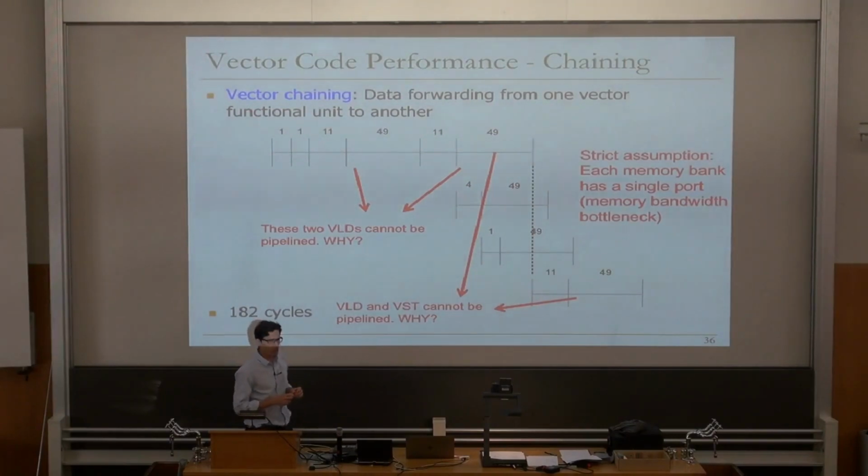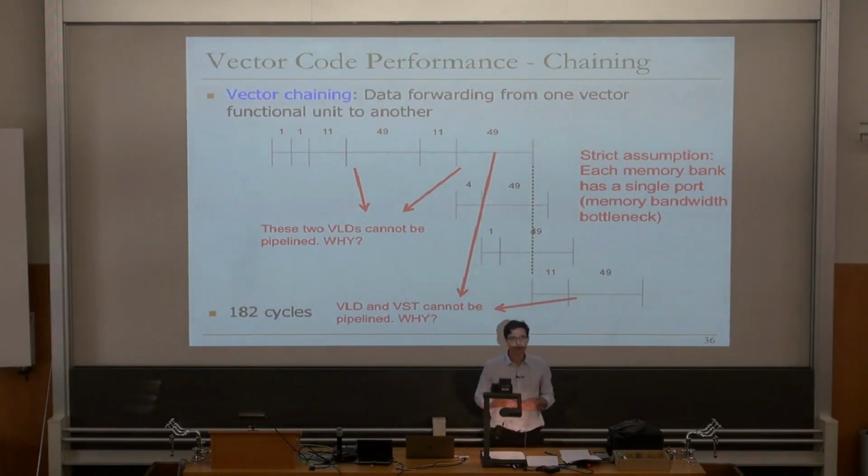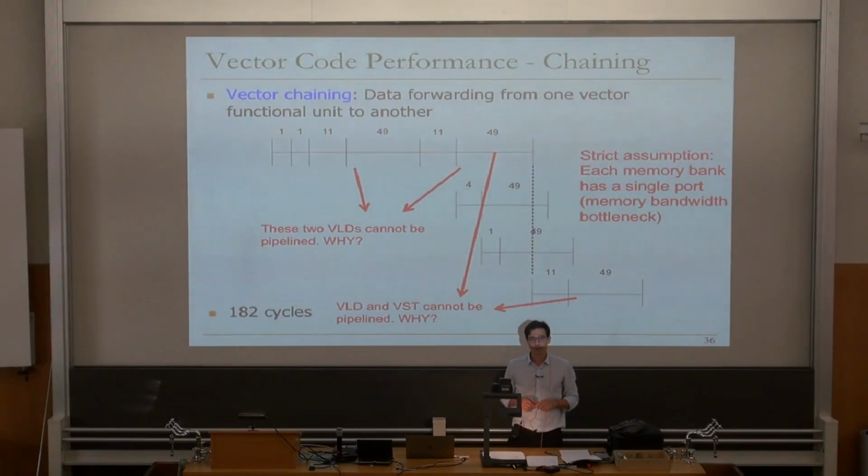So I think I didn't get the question. Could you repeat? The vector load, you write the memory addresses concurrently as you read out memory. So why can't we continue this with the second vector load? Oh, why can't it also be accessing with the second vector load? Yeah, as writing out the memory addresses.